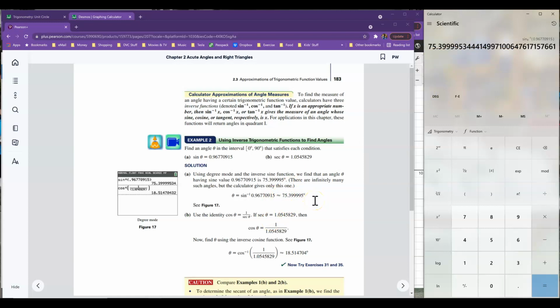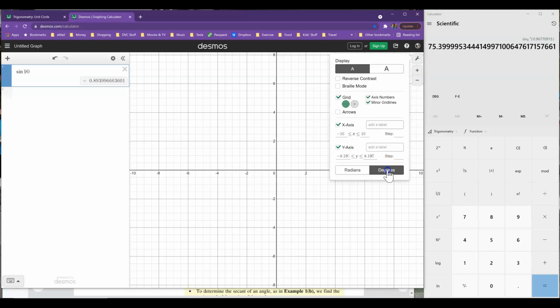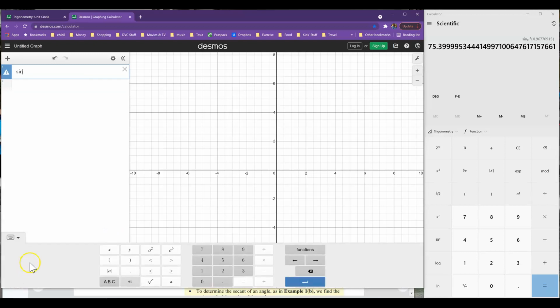Okay, so let's say we wanted to try that over here on the Desmos calculator. Again, I'm going to just do sine of 90 to see if I'm in degrees still or not. I am not, because I have a fresh calculator, so I'm going to click on degrees. Now I'm in degrees. Okay, so now I want to do sine inverse. You can bring up a keyboard so I can show you what I did here.